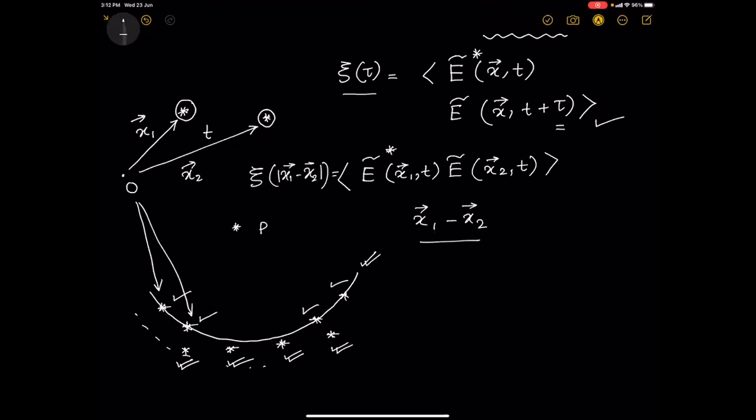Again, you know exactly what the electric fields will be at all these positions that I have drawn. So you can do an exercise where you write down the electric field at these positions and correlate, and see what I get from the correlation of any two of these antennas, and what I get if I correlate these antennas which lie on the surface of the sphere.